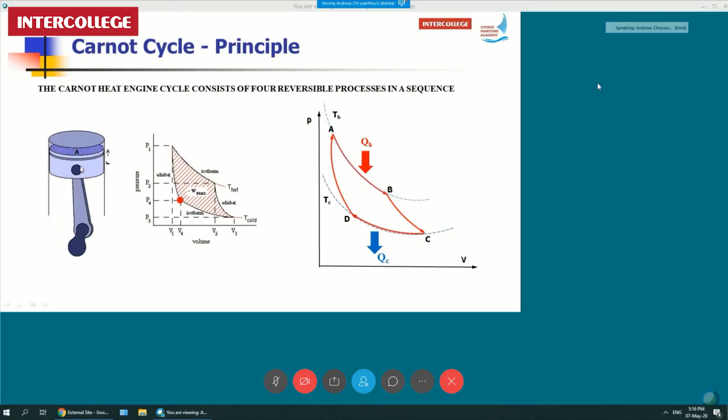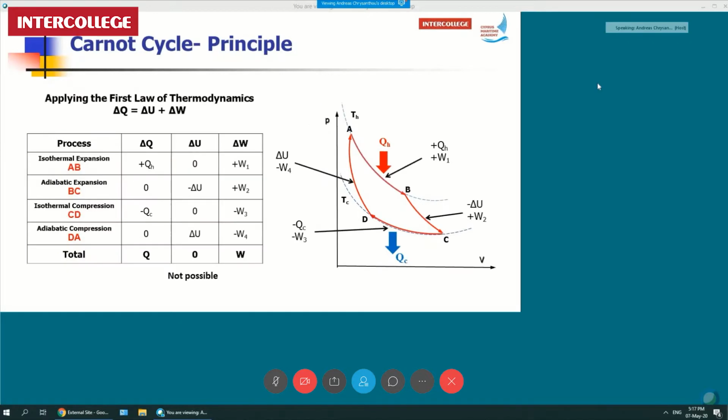At this point, the system does work on the environment by turning the crankshaft, and this in turn turns the engine. So this is the system providing useful work to us. Going back on the other side, compressing back is just to bring the system back to its original state.